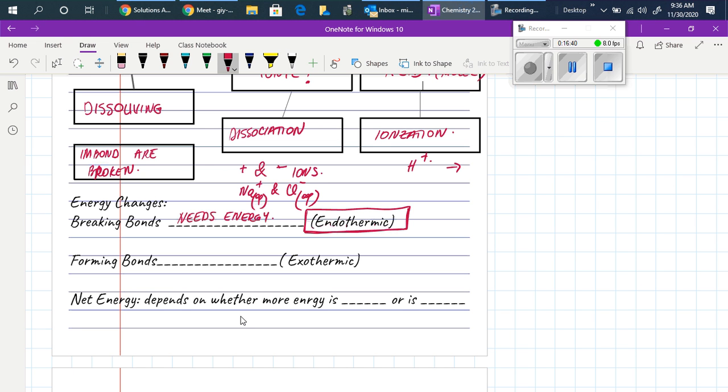An example for this is the dissociation of table salt.